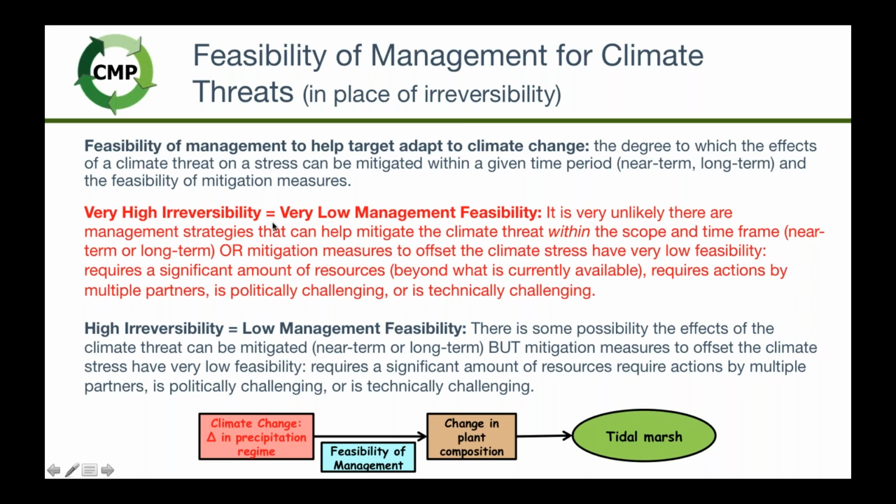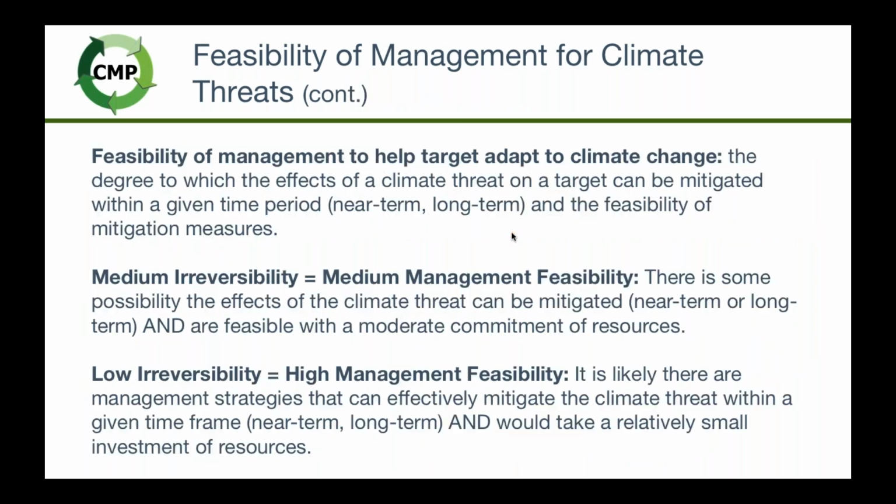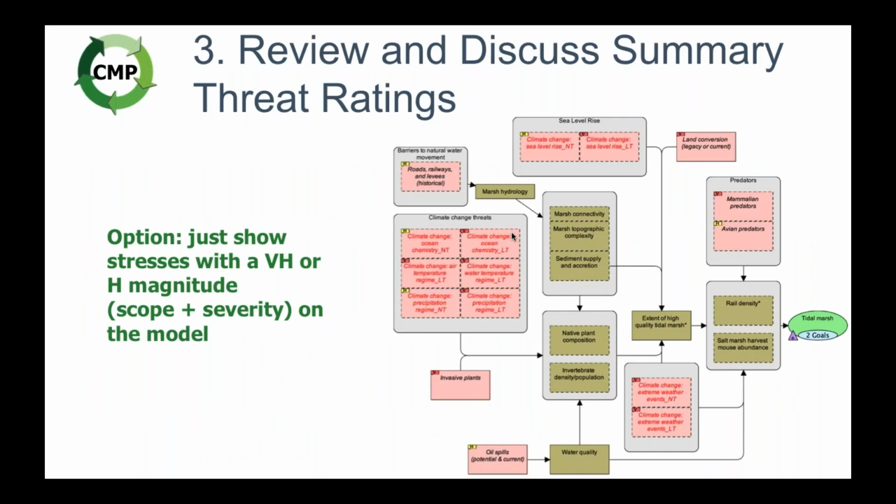So they rated this as very low management feasibility. So very high management challenge, I think was what we were calling that. So same concept, just applied to the stress-based threat rating.